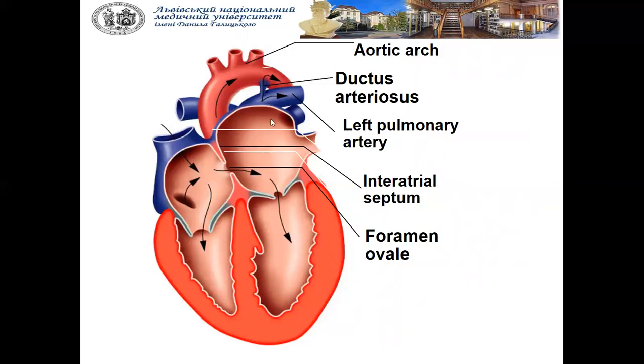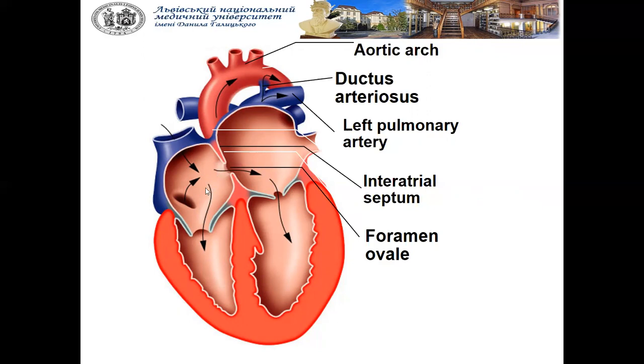That's why we have this structure, the ductus arteriosus, Botallo's duct, which closes after birth. And we have the oval window, foramen ovale, which is open between the right and left atrium.